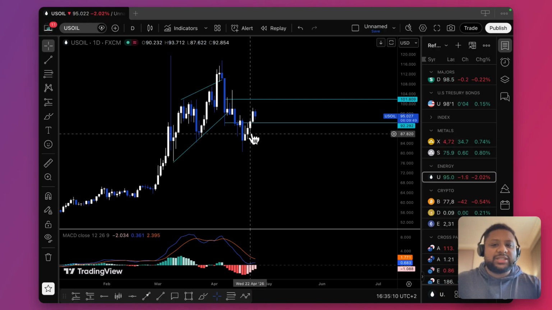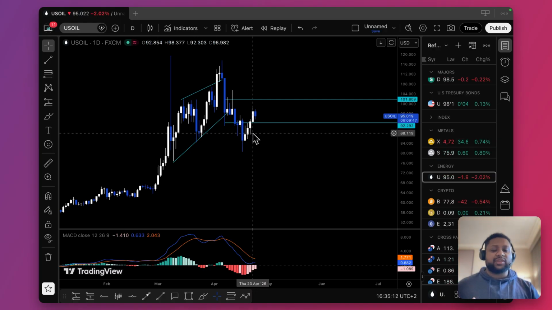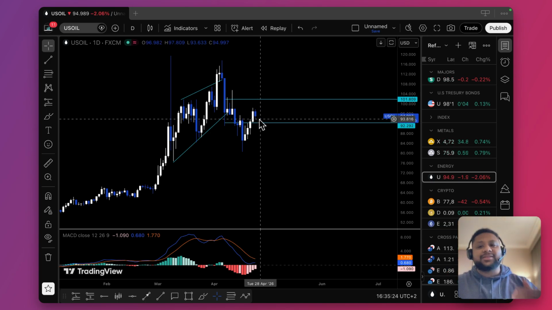Shortly thereafter, due to ceasefire talks and a lot of other geopolitical factors, the price of oil increased, now trading back above 90. So oil remains quite expensive, which means inflation is likely going to follow suit, which means that yields are likely going to remain elevated, which means that the Fed is likely going to keep rates the same.